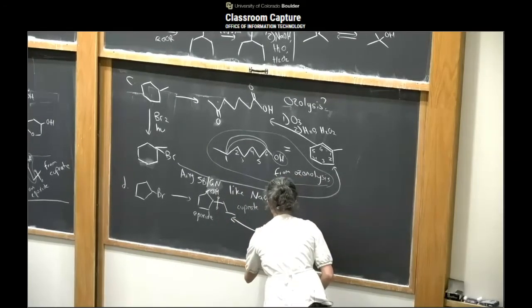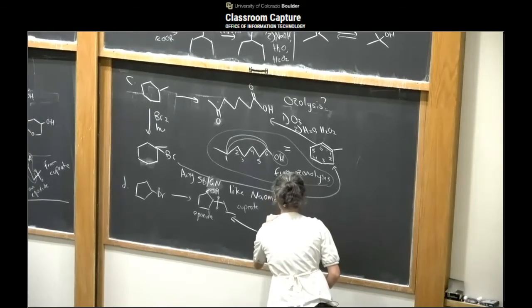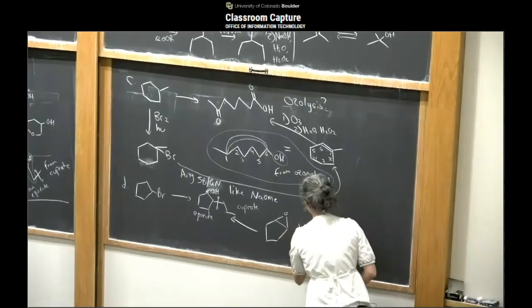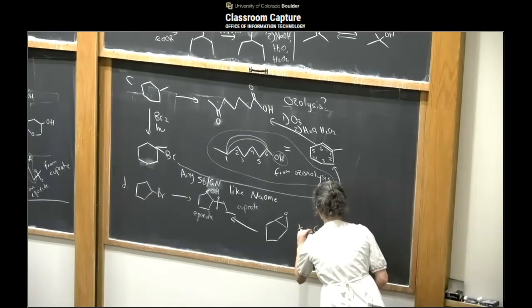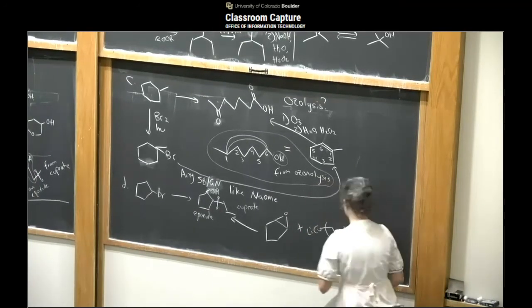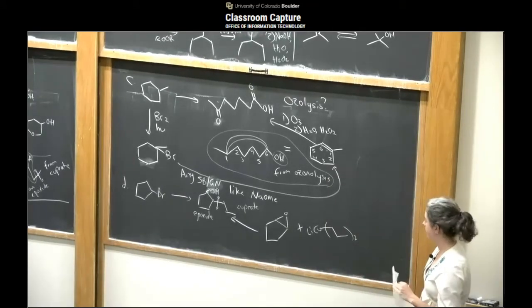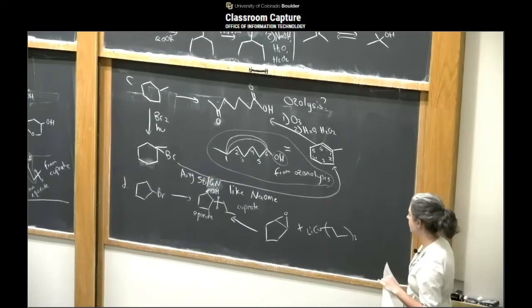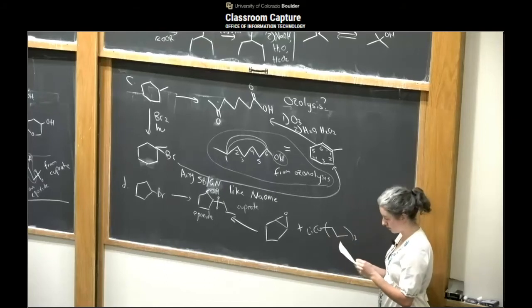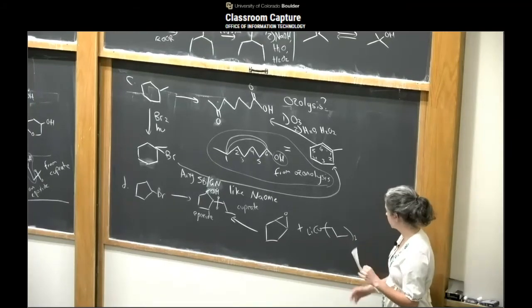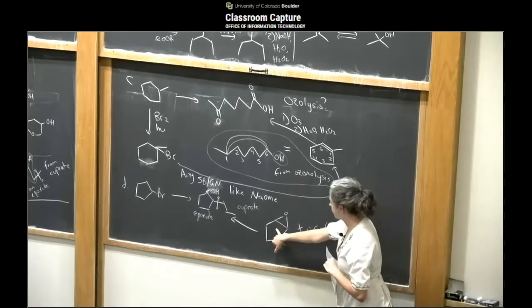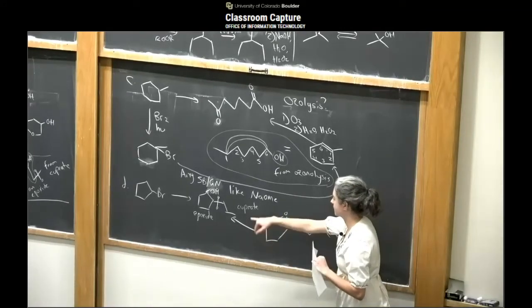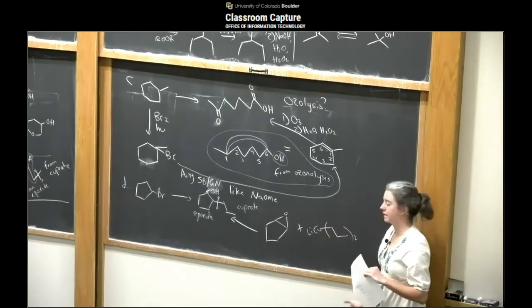Easiest way to show it is just, here is my epoxide, and then here's my cuprate. So this half from the epoxide is obviously related to my starting material in some way. It's got a 5-membered ring.